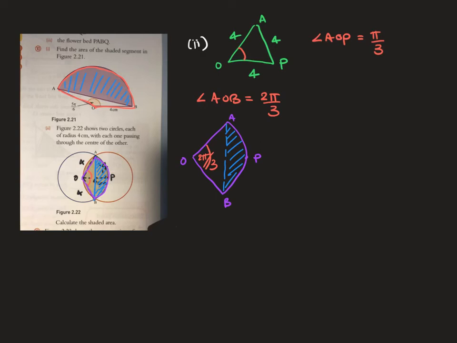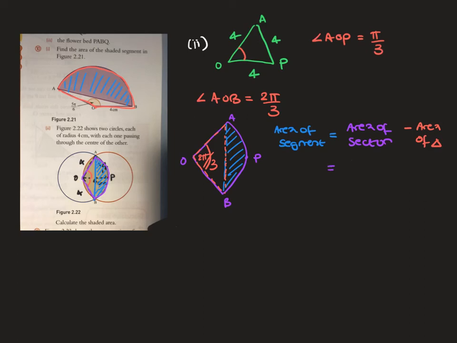So the area of the blue segment, it's the segment that we're working out the area of, is equal to the area of the whole sector subtract the area of the triangle, which is this red outlined triangle over here. So it's a very similar calculation to part 1, except the angle is different.